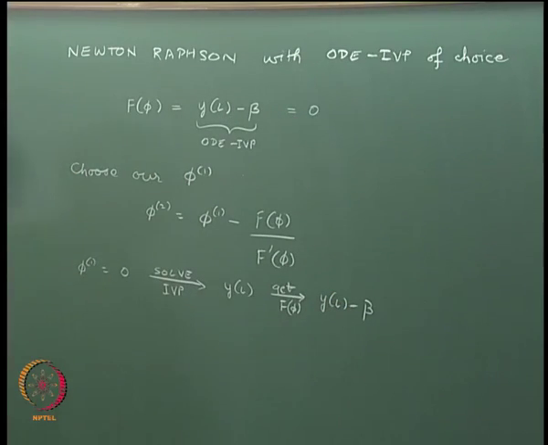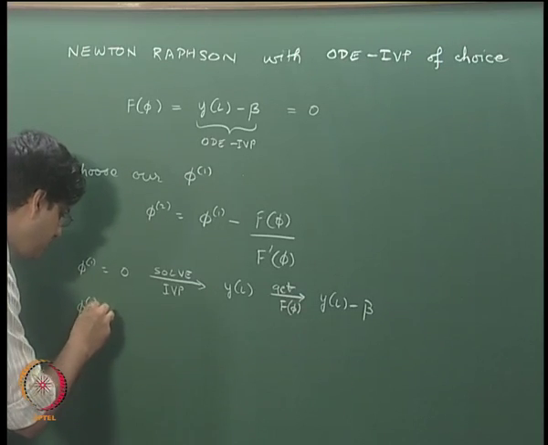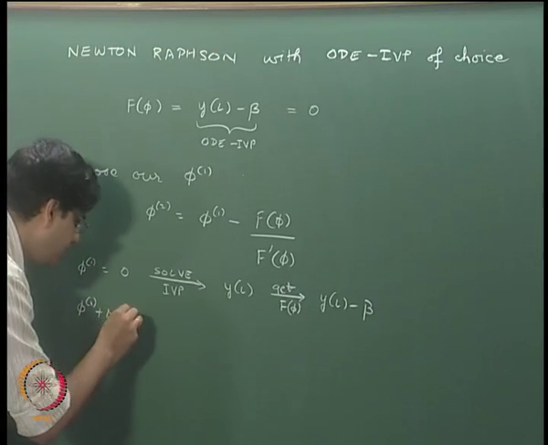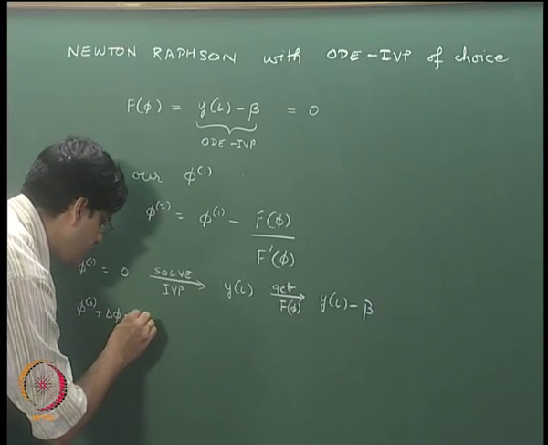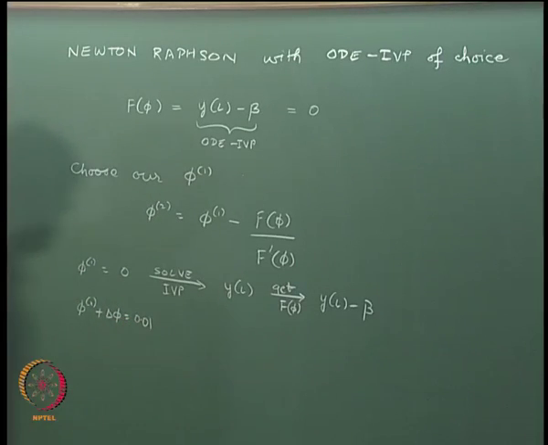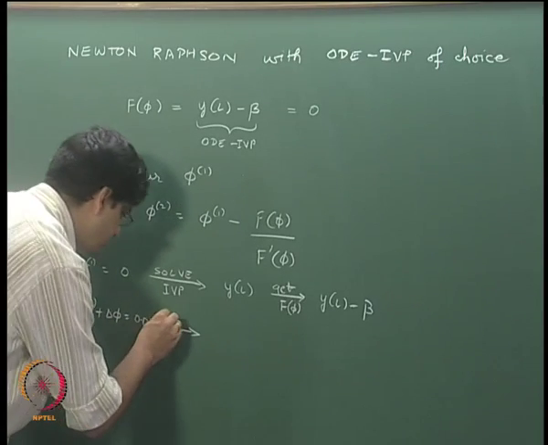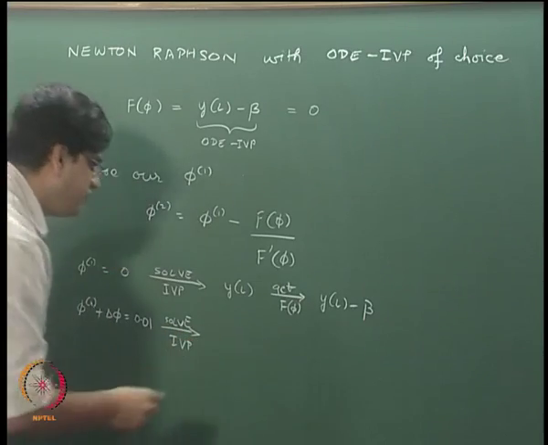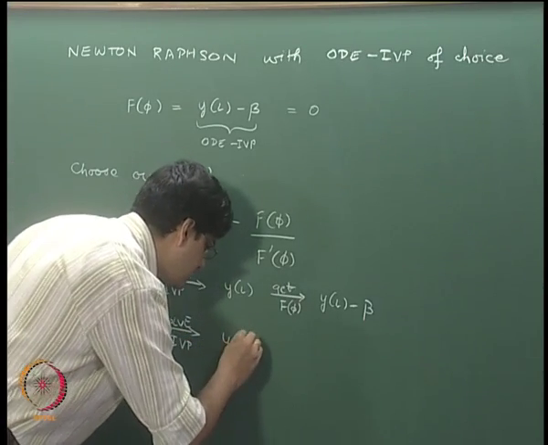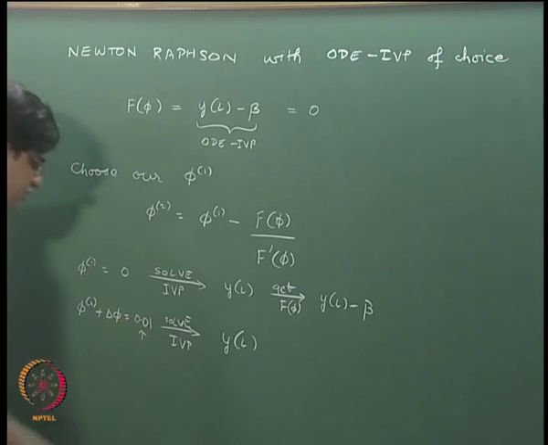Next we can solve the ODE IVP for phi 1 plus delta phi. Let us say we choose our delta phi as 0.01. So we solve this overall ODE IVP for this particular value, which will give us the value of y L obtained for phi equal to 0.01.